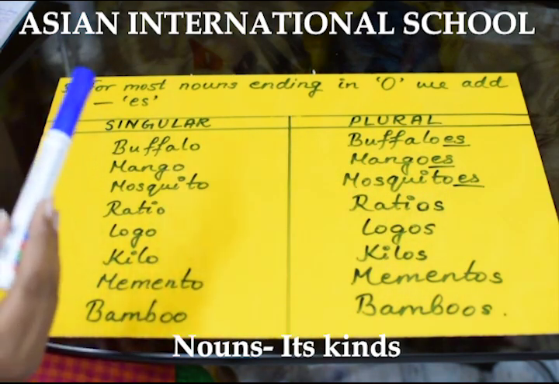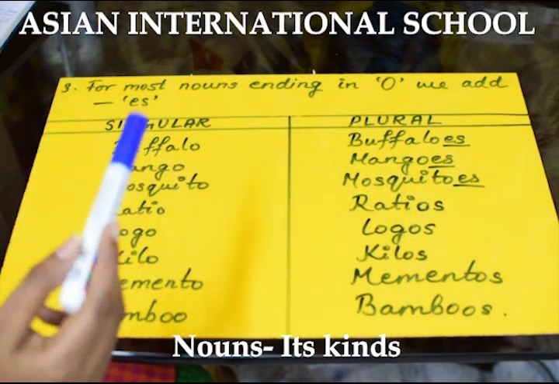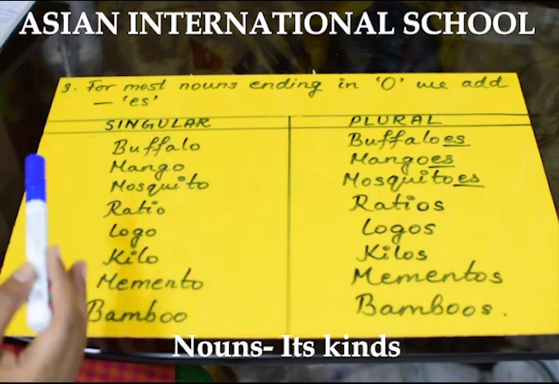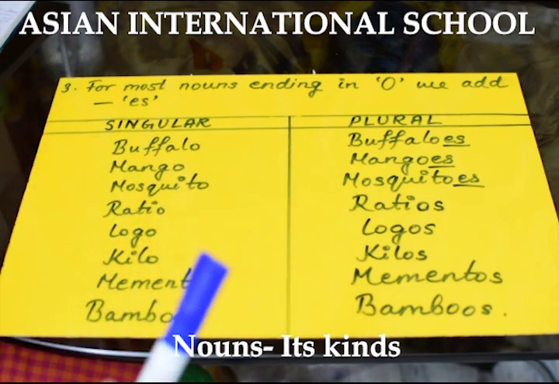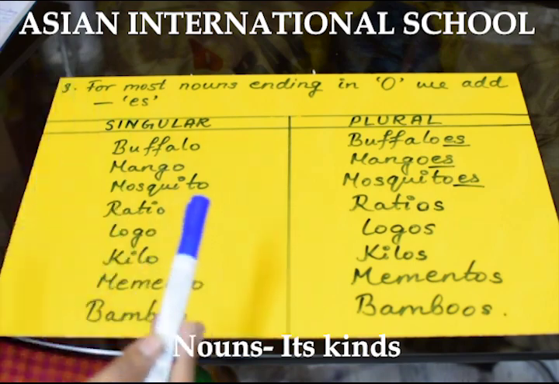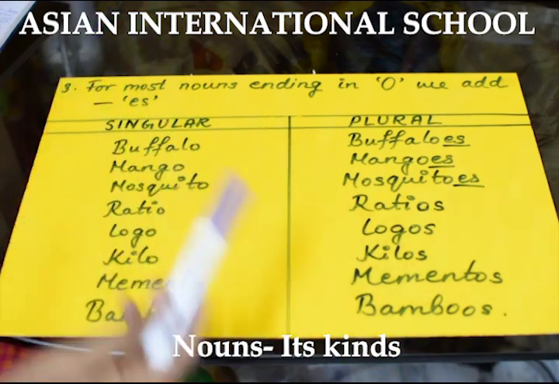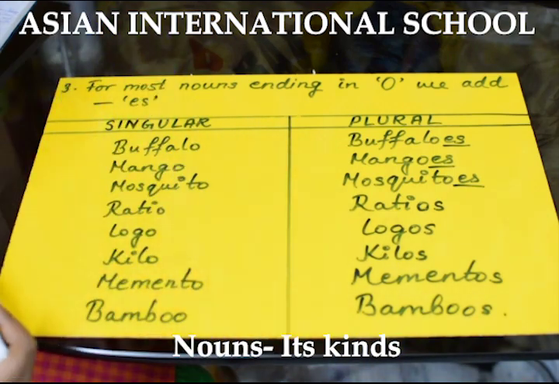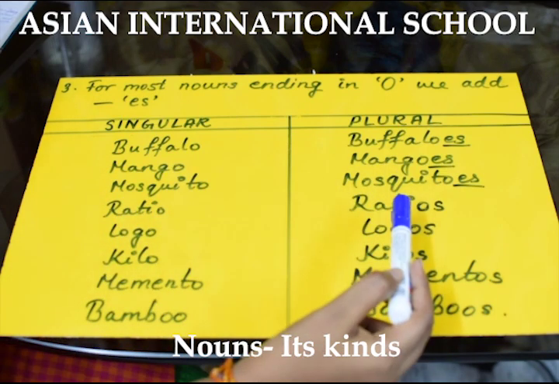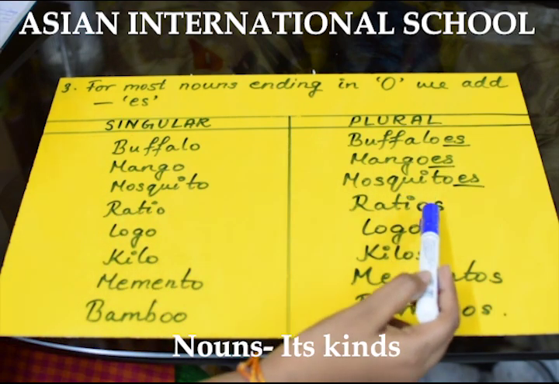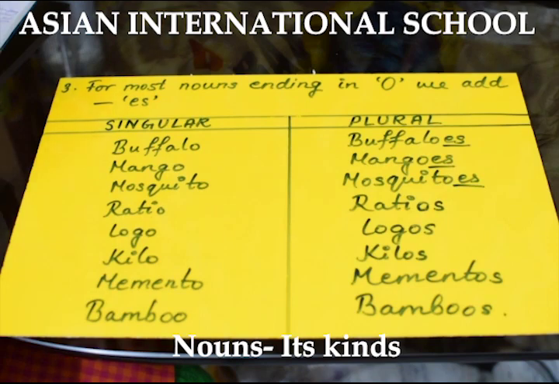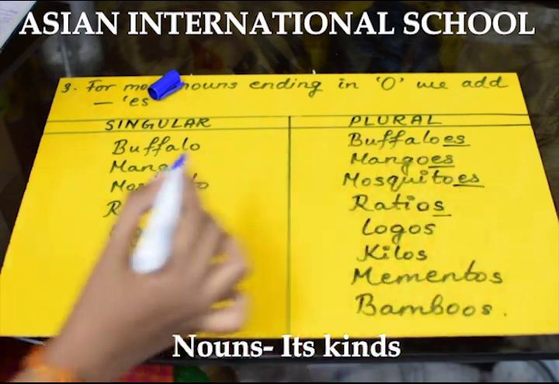However, some nouns that end in o form their plural in the normal way. That means we just add an s instead of adding es. For example, ratio, ratios. Here we just added the letter s.